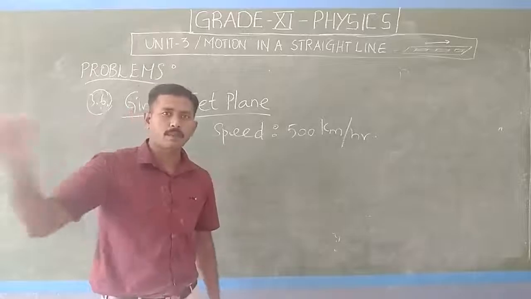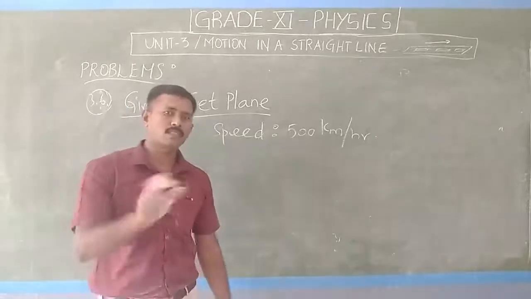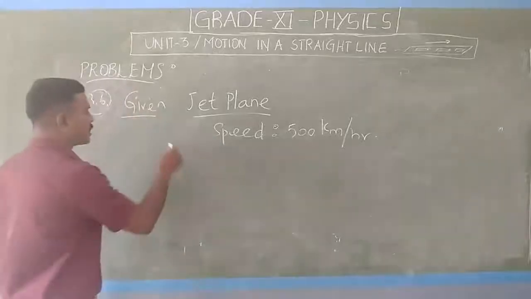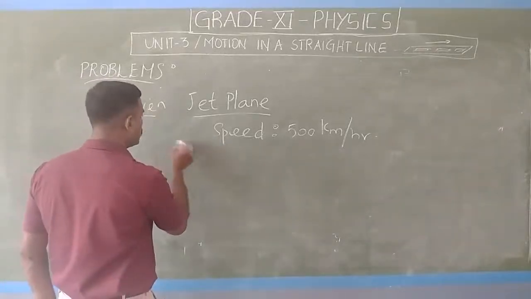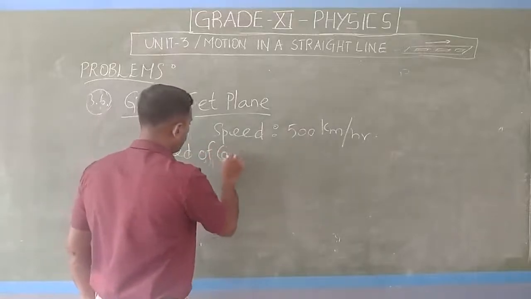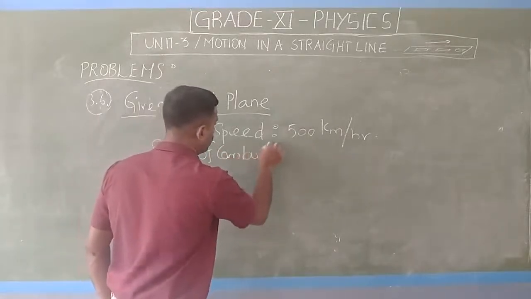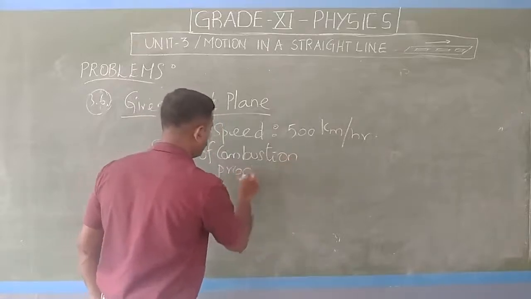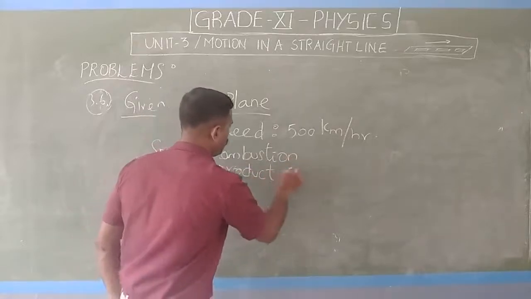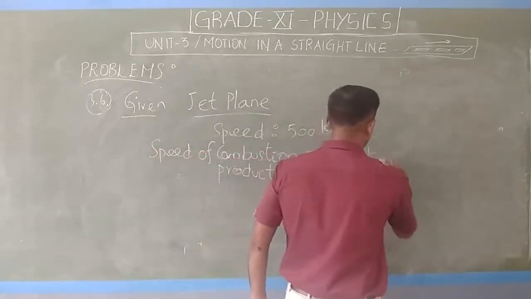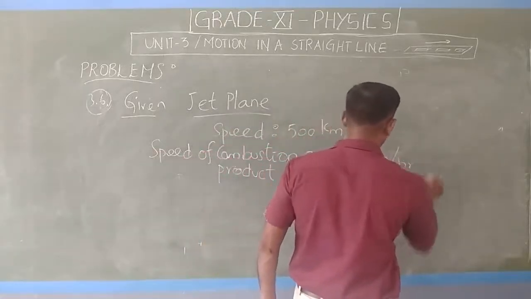The combustion product coming out from the jet plane is 1500 kilometers per hour. The speed of the combustion product is 1500 kilometers per hour.